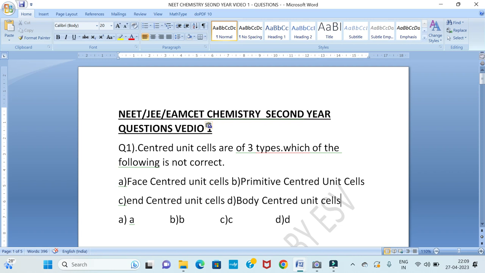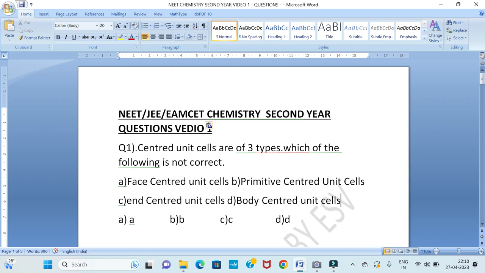So for centered unit cells, remember BFE, buffet system. Where is the buffet system? In functions.